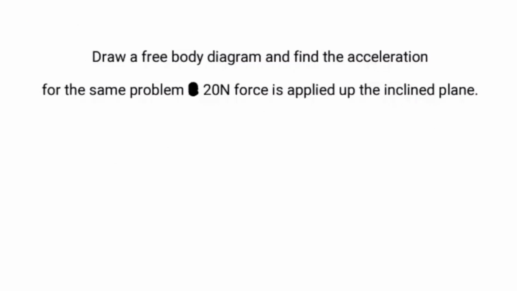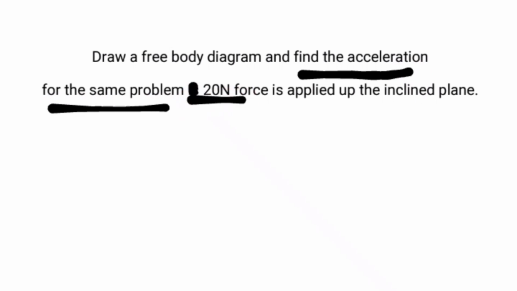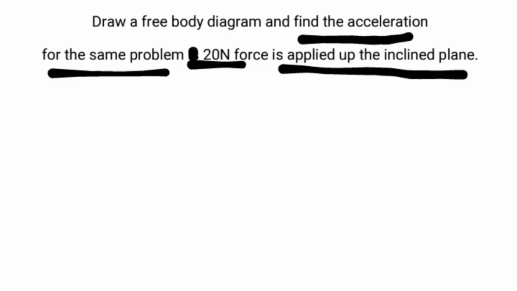And secondly, we have another question. Draw a free body diagram and find the acceleration for the same problem if 20 Newton force is applied up the inclined plane. So the problem is like this, okay? Again, we need to draw the diagram.